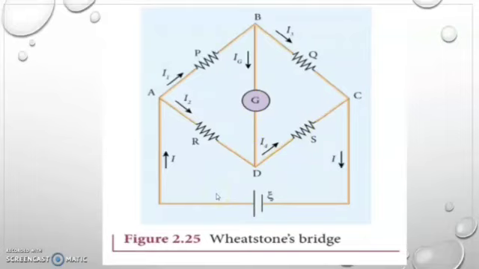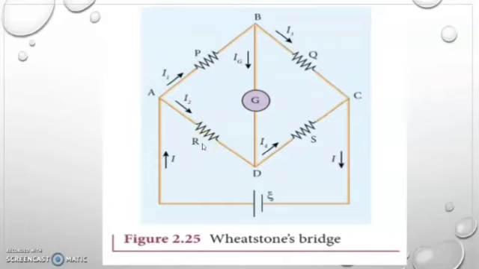Now let's apply Kirchhoff's voltage rule in the loop ABDA. What is Kirchhoff's voltage rule? According to the rule, the algebraic sum of the product of the current and resistance in a closed loop of a circuit is equal to 0. So, applying this rule in the loop ABDA, we get I1P plus IgG minus I2R is equal to 0.